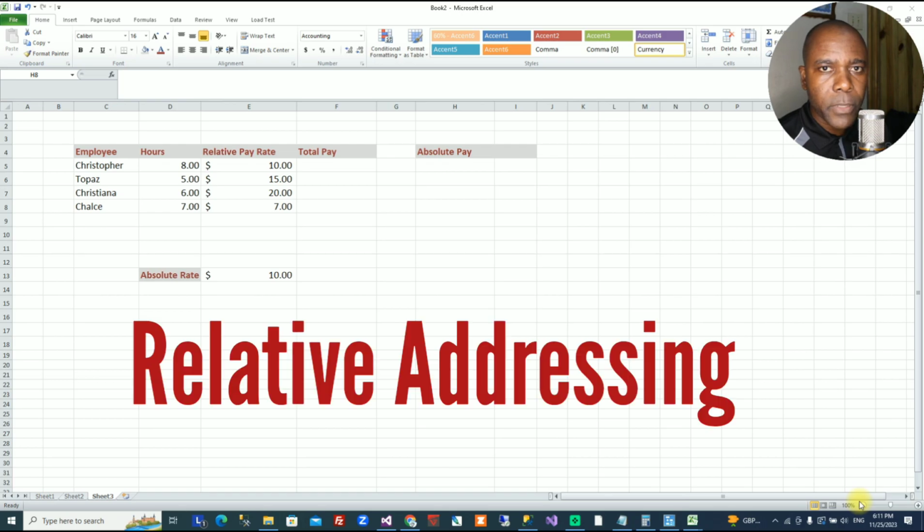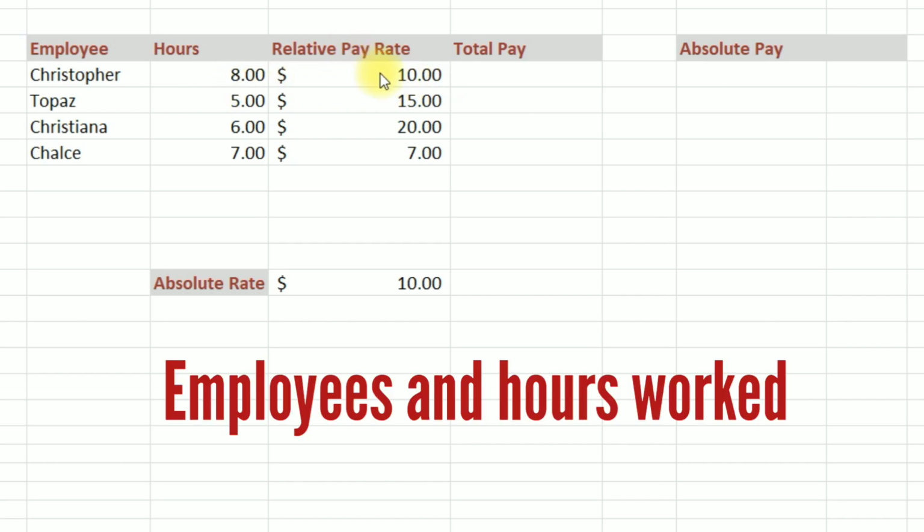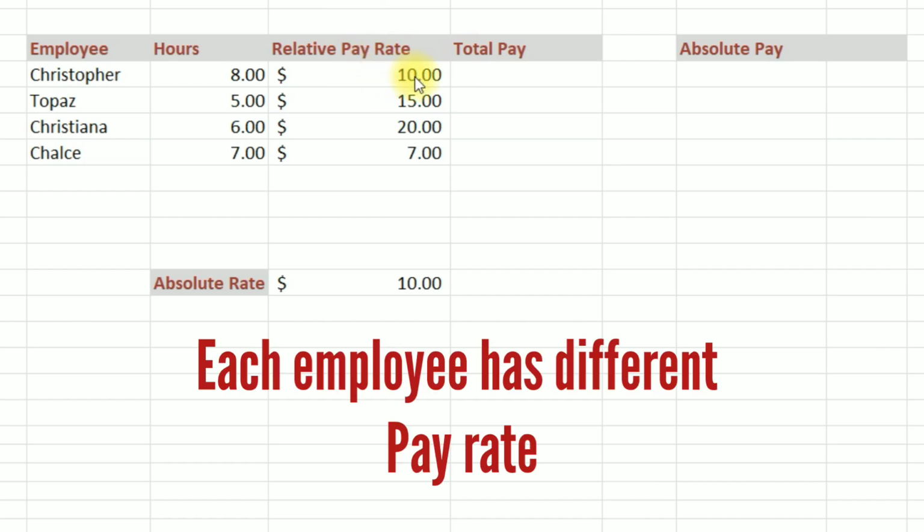It's very simple. It just simply means when I copy this formula, and I want you to look at the screen, I'm going to have employees and hours as I have on the screen. I'm going to have their relative pay rate. It just simply means for each of them, they have a different pay rate. So I'm going to put a formula in here.